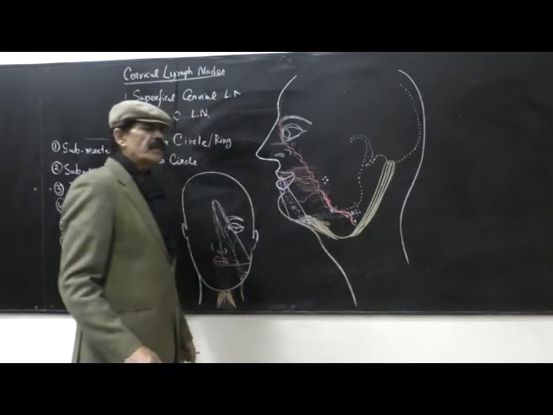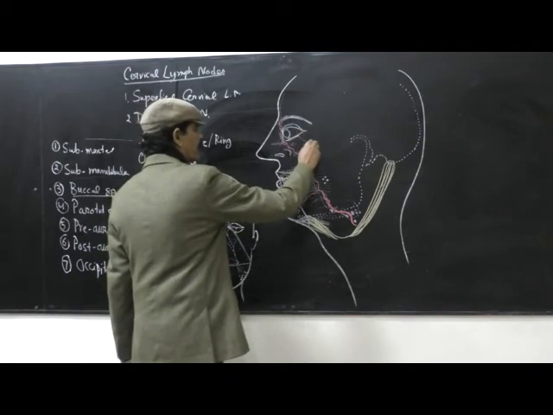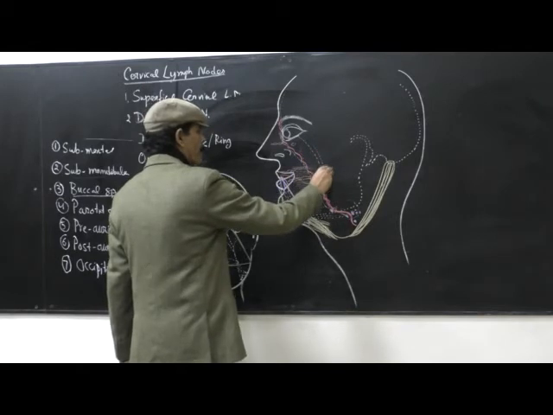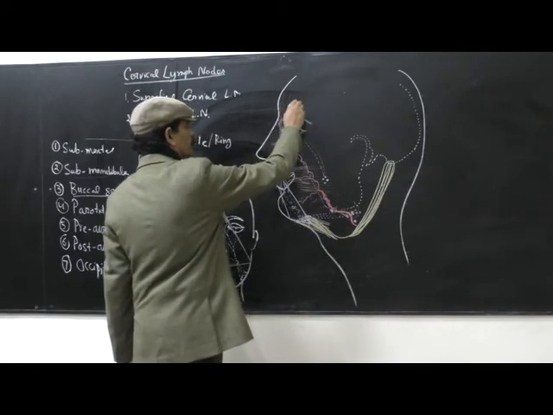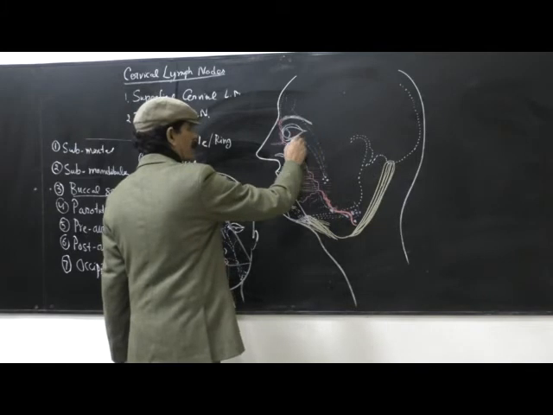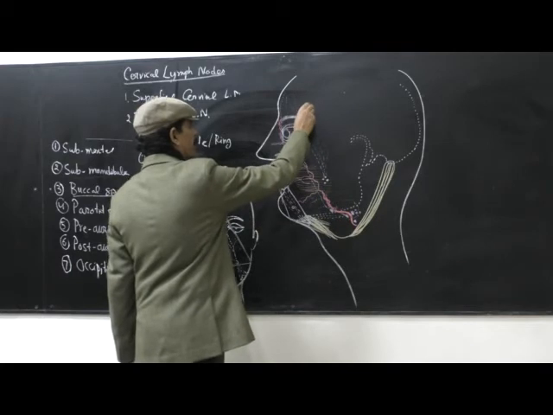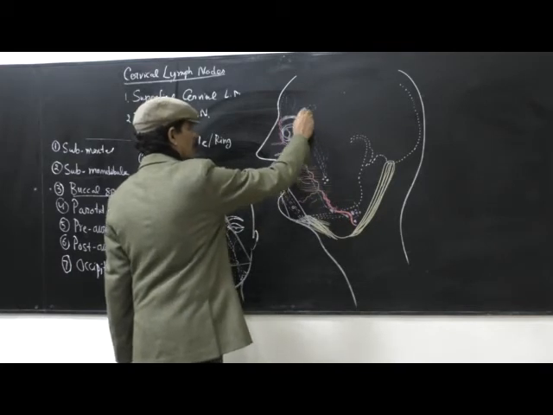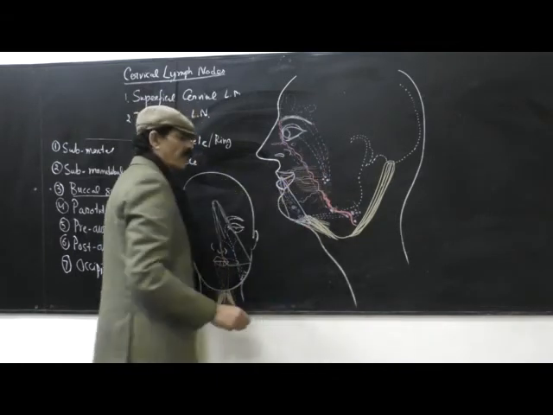And this buccal group of lymph nodes receives afferents from the lower eyelid area, from the cheek, then from the frontal sinus, from the maxillary sinus, and anterior and middle ethmoidal sinus is the drainage area of the buccal group of lymph nodes.